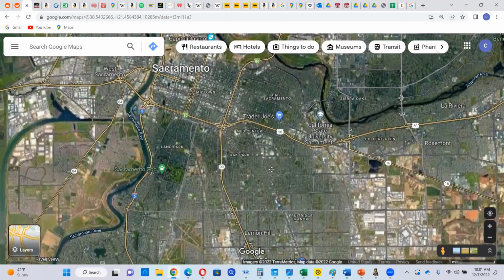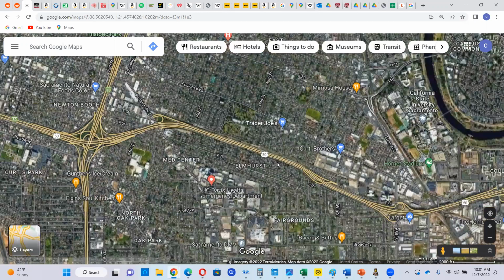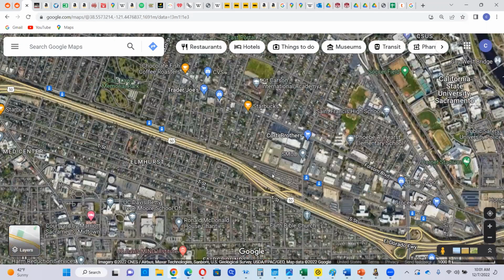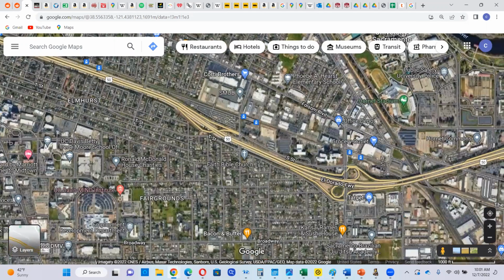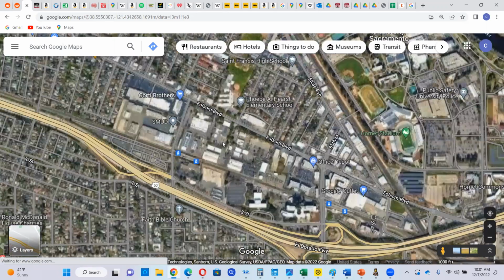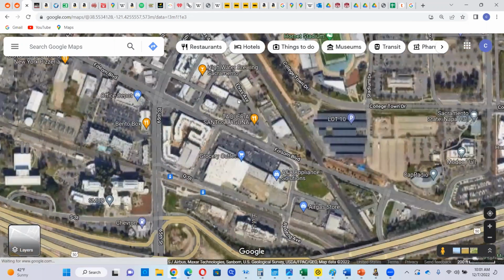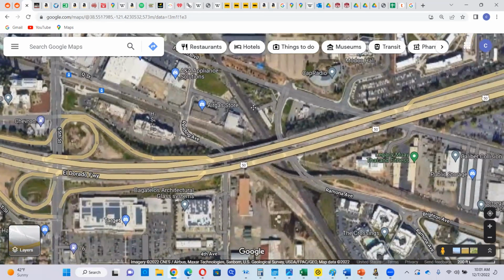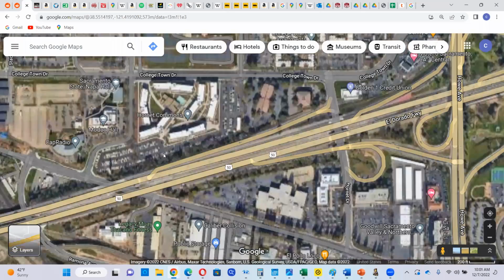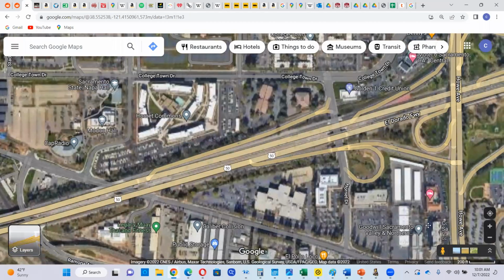There's Highway 50. So I need a street. Folsom, but that doesn't help me. You guys know where we are? Oh, there's Hal.